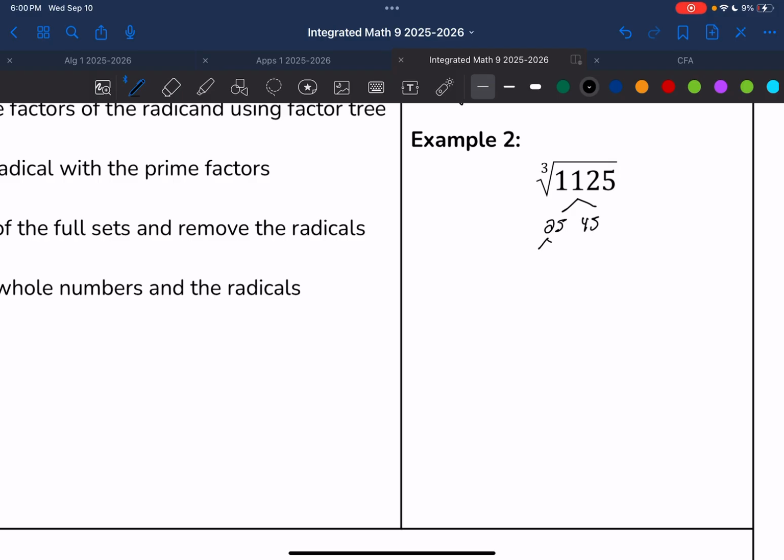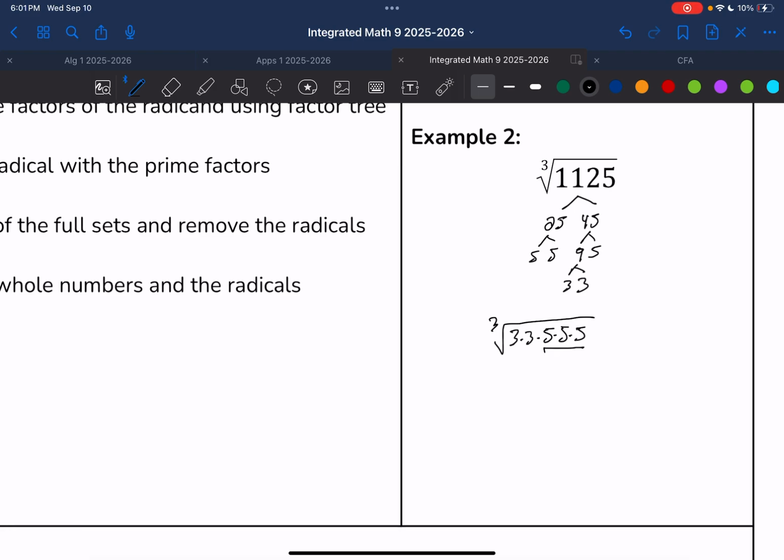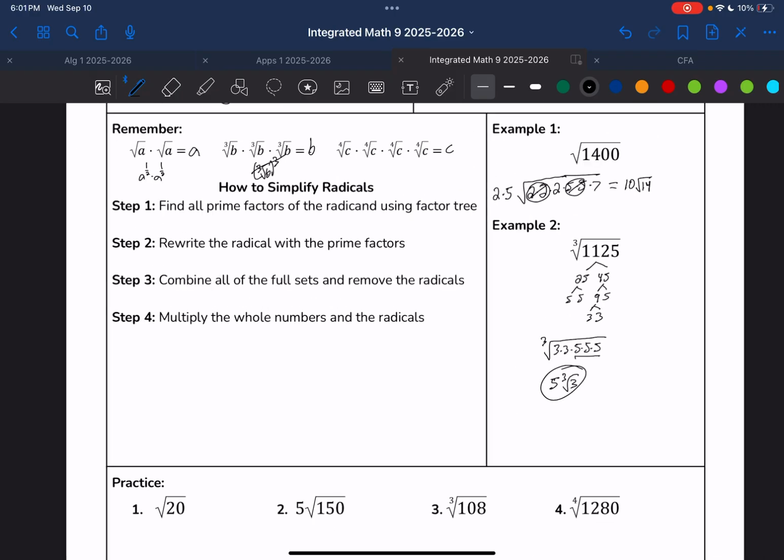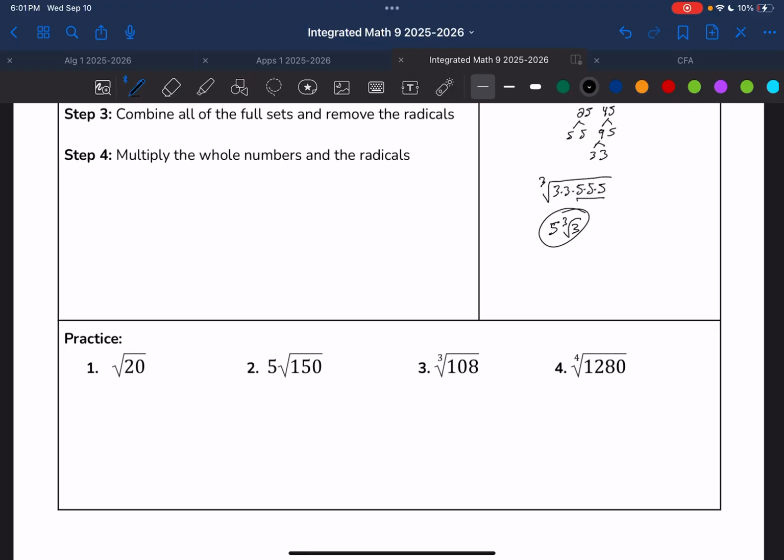And then each of these can be broken up. That's 5 and 5. That's 9 and 5, which then can be 3 and 3, meaning that we can write this as the cube root of, oh sorry, just 3 times 3 times 5 times 5 times 5. Now you can see that we have a full set of 3 5s, so we can bring them outside. You can get 5 times the cube root of 3. And that's our answer. That's as simplified as it gets.